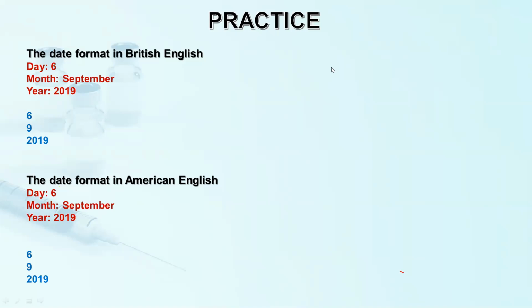It's incorrect to say 6th of September or the 6th September. You have to include both of them at the same time: the 6th of September 2019. Dr. Dania, again, the word September should be in capital.